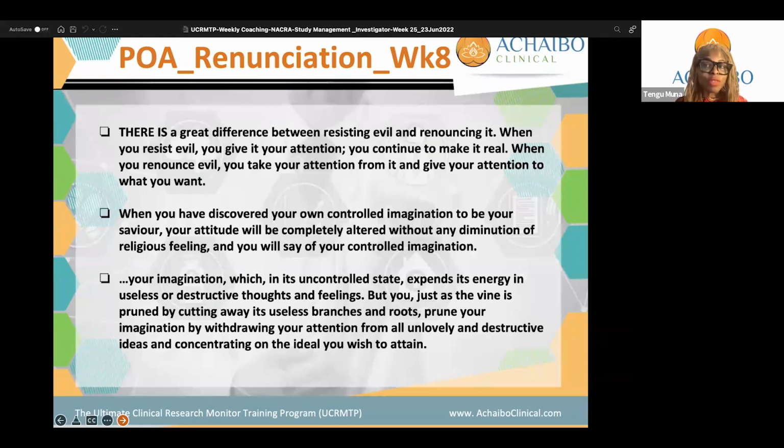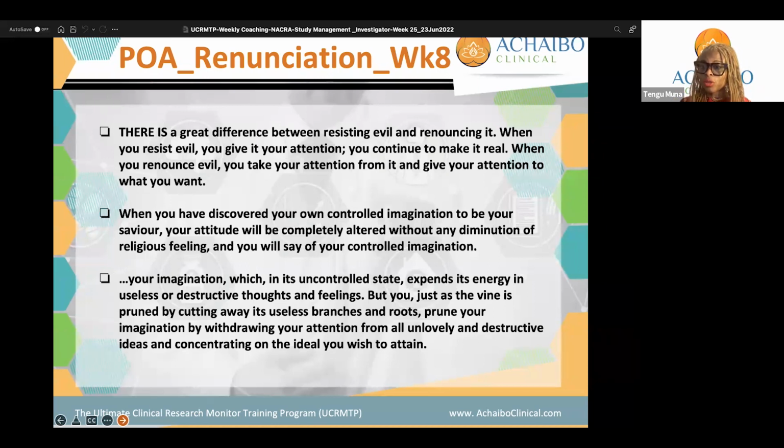Now, as we've discussed before, your controlled imagination is your savior, okay? And your attitude will be completely altered without any diminution of religious feeling, and you will say of your controlled imagination, simple. Your imagination is the redemptive power, right? It's your savior. A lot of times, spiritual or religious books have all these things in them, but a lot of times they can be used metaphorically.